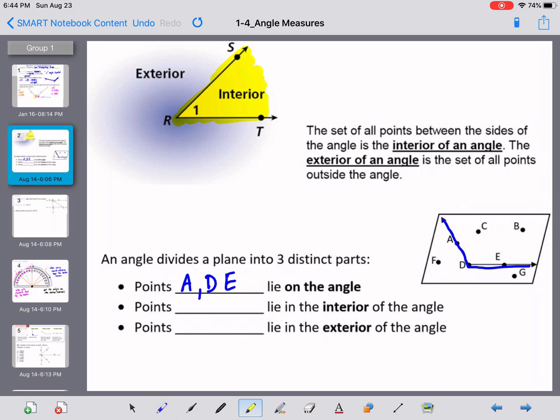The interior of the angle, well, that would be that little highlighted area. See how I kind of connect those two endpoints? They're not really endpoints, but they kind of are. So what's on the inside in that yellow? Point C and point B. We wouldn't include A, D, and E because they're actually on it and making it up. So what's not highlighted, what's on the outside? F and G.